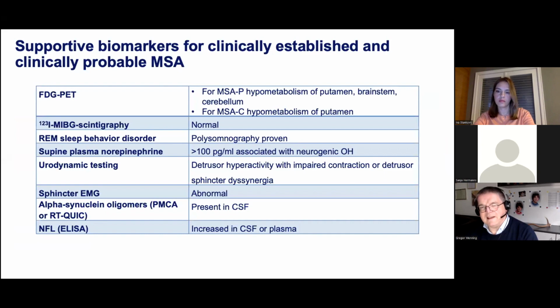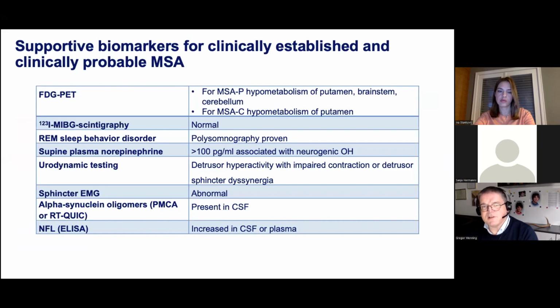These findings need to be validated in future prospective studies of trying to validate the criteria, but it includes FDG PET. Hypometabolism has been reported in the putamen, brainstem, cerebellum in MSA-P. In MSA-C, putaminal hypometabolism has been described.